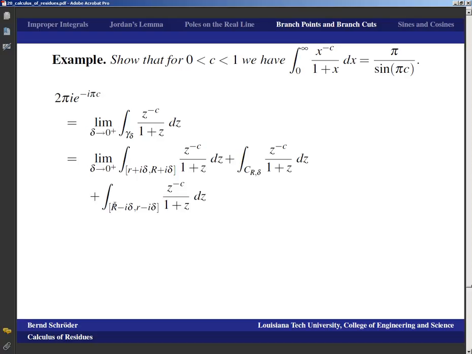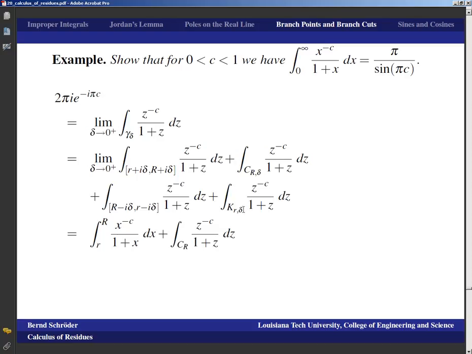Plus the integral of the contour where we're coming back, plus the integral over that small circle k r, and that'll be the integral, that goes to the integral from lowercase r to uppercase R of x to the negative c over 1 plus x dx, plus the integral over the whole circle.